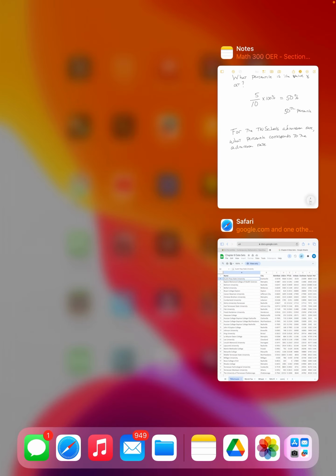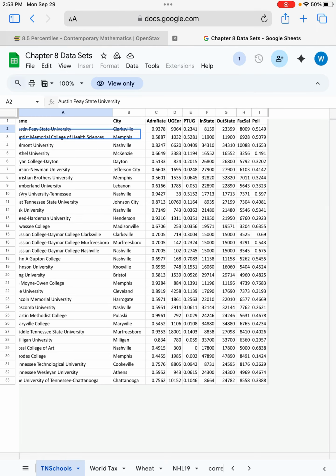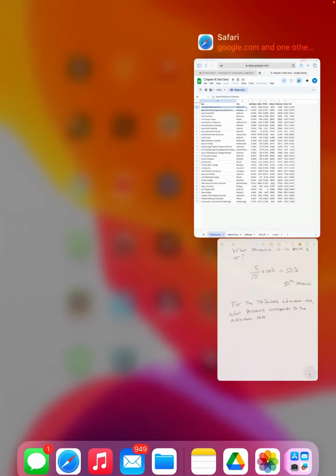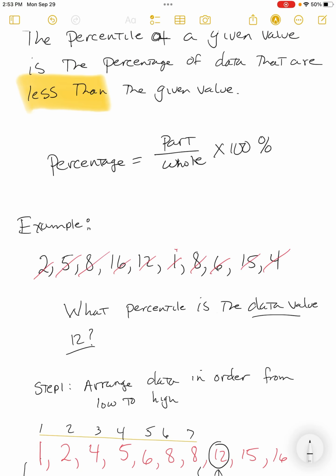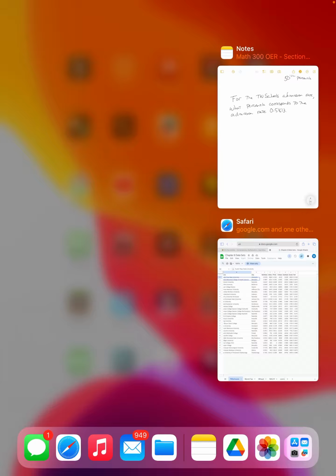And let's go find an admission rate. The admission rate, 0.5813. Okay, so let's go back to that data set.